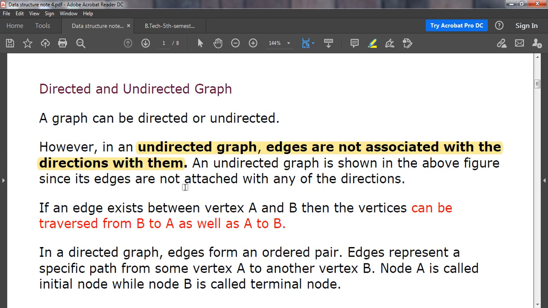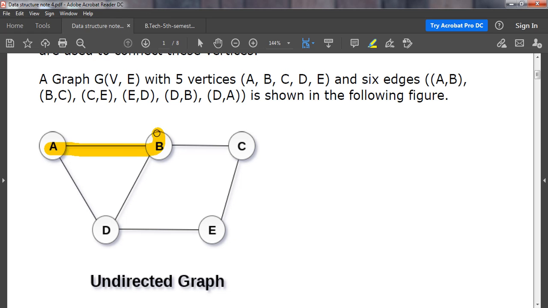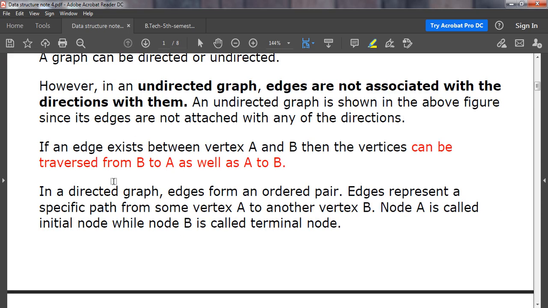Now in an undirected graph, if an edge exists between two vertices A and B, then it can be traversed from B to A as well as from A to B, as in this example. Since it is an undirected graph, you can either move from A to B or from B to A. So in both ways the flow is possible.